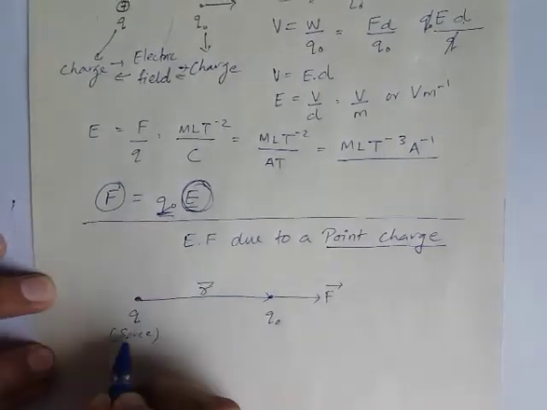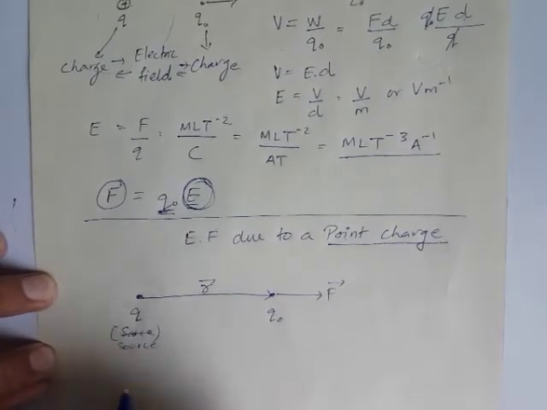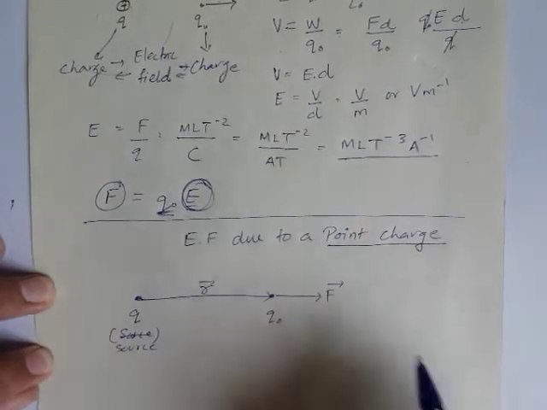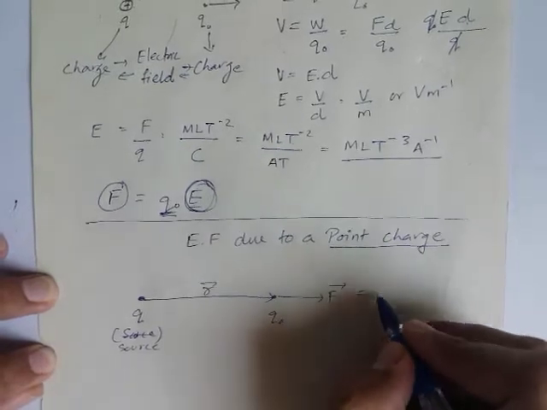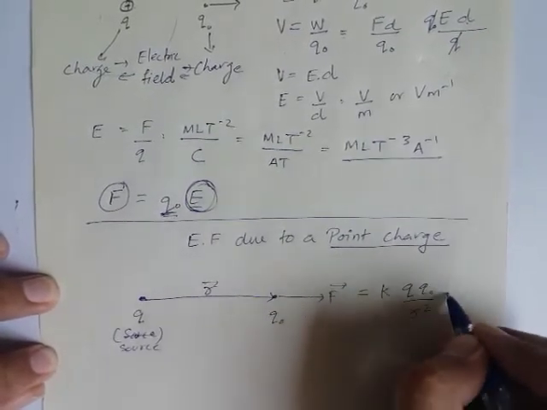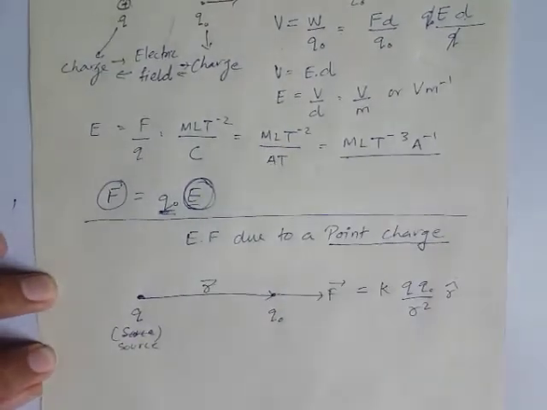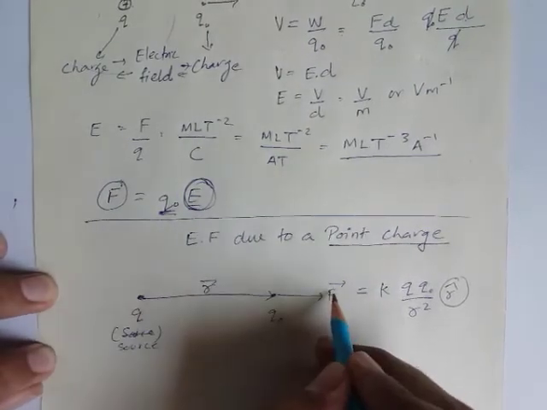Now if it is acting in this direction, what will be the force over here? It is given by the formula that we know, K Q Q naught upon R square, and it is pointing in this direction. This is our unit vector, in the direction of this vector.